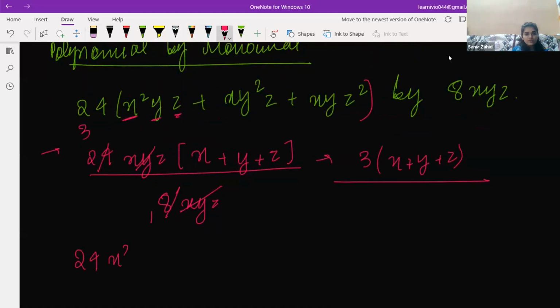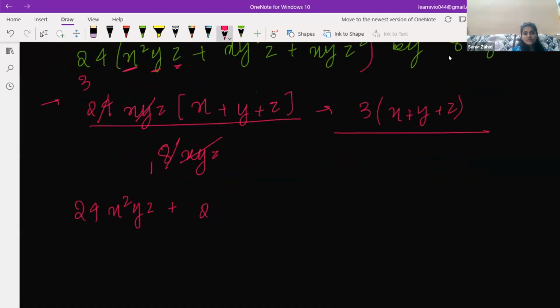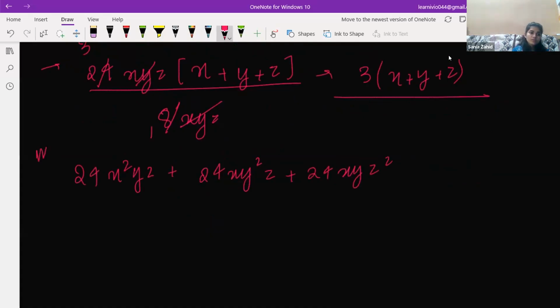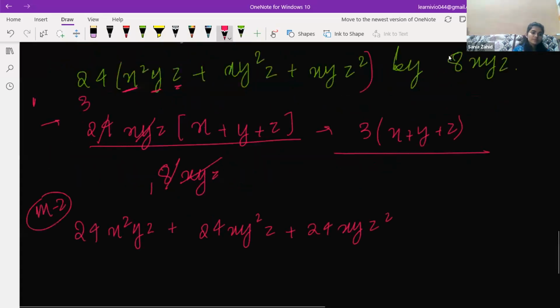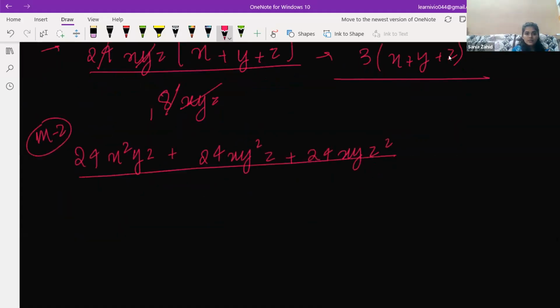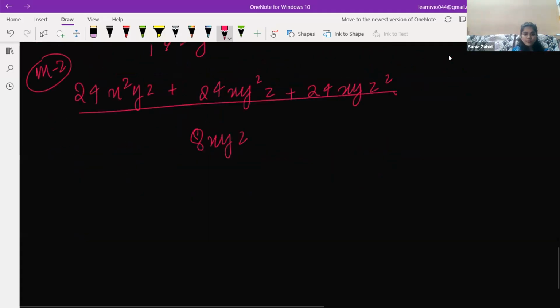So you have 24x square yz plus 24xy square z plus 24xyz square. Right. This is method number 2. This was method number 1. Now you have to divide it by 8xyz. So what you can do is, you can take the first term and divide it by 8xyz.